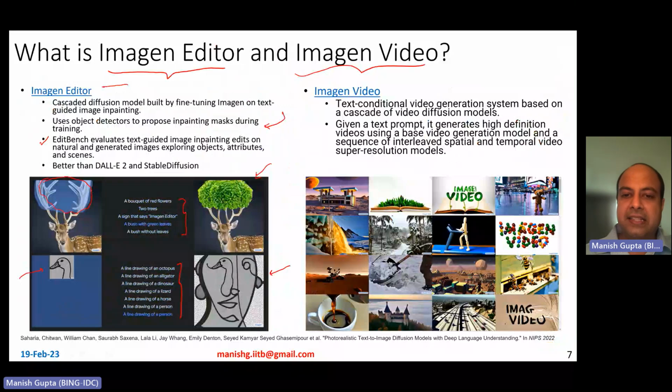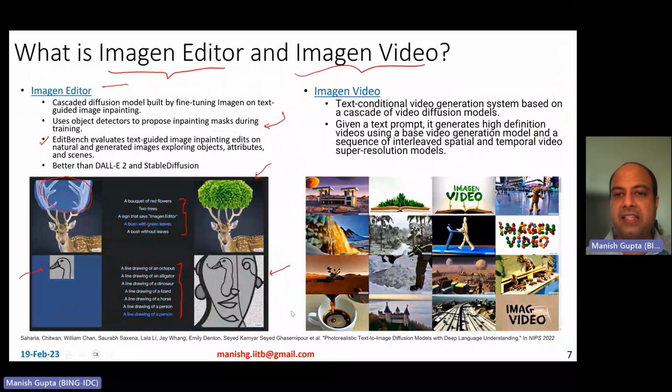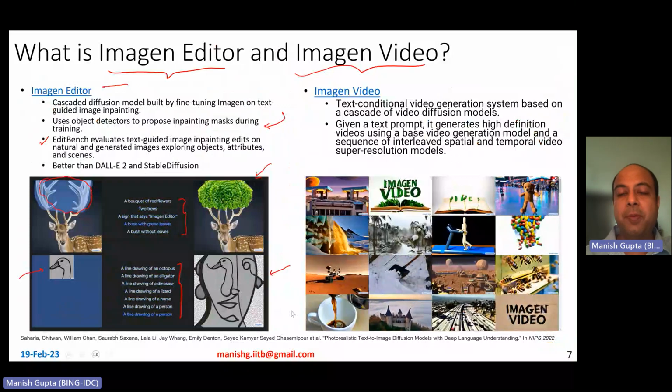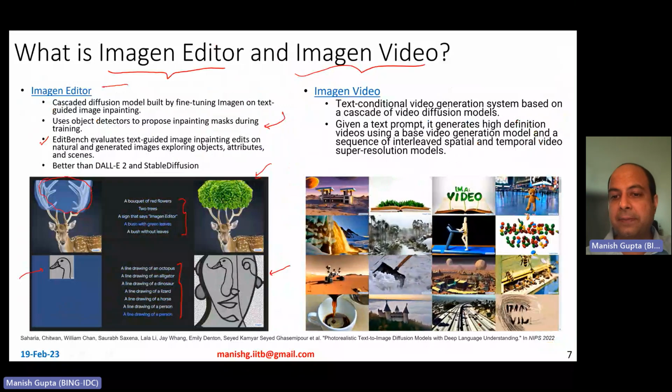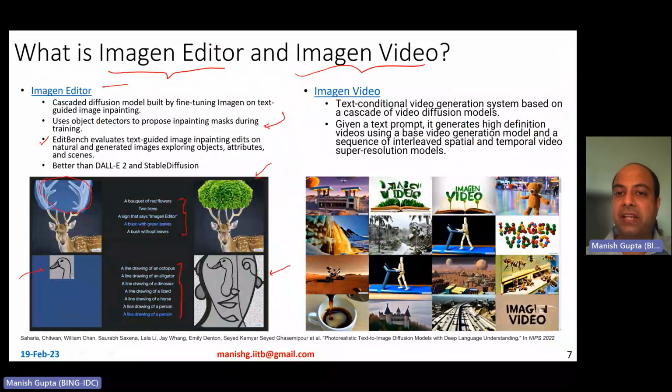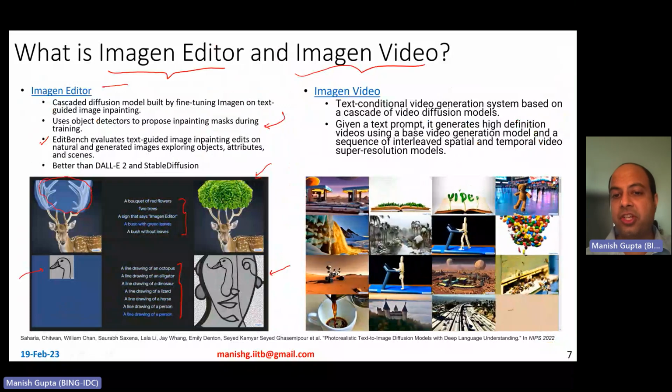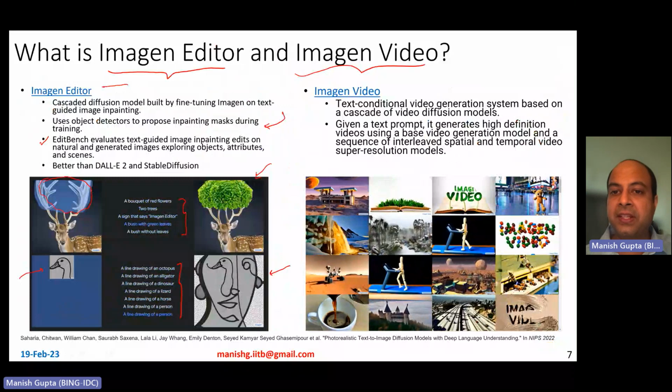The other way that they have expanded this work is to propose something called Imagen Video. As you see, people are now also getting into the realm of generating text-conditional videos. You give a text prompt and then generate videos. It is a text-conditional video generation system based on a cascade of video diffusion models, rather than image diffusion models.